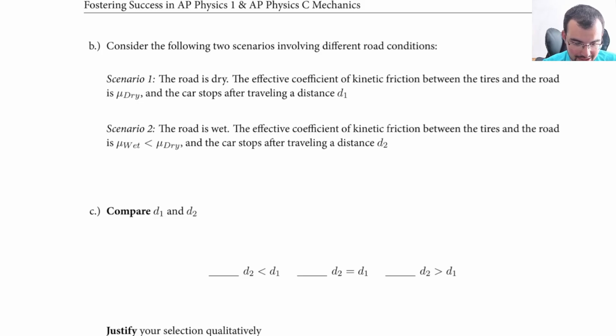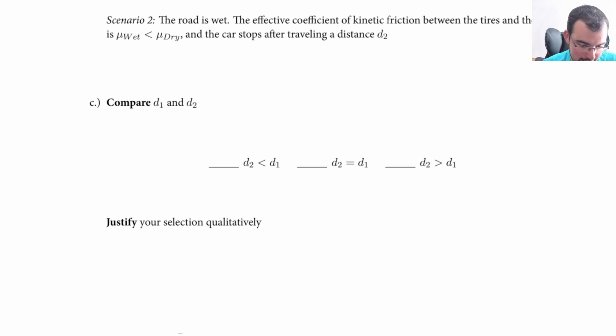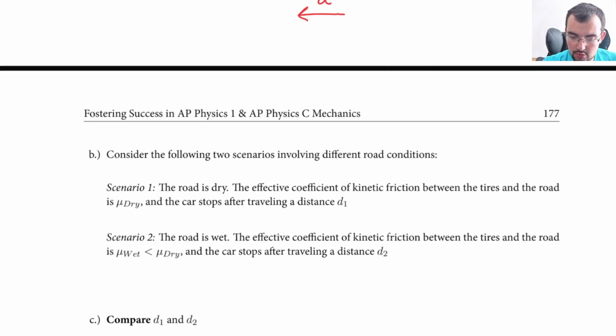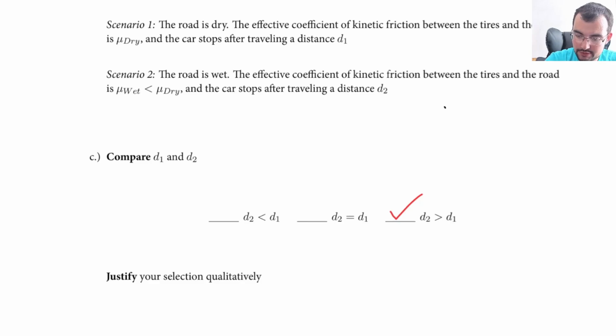We should compare the distances it takes the car to stop. Now, anyone who's in driver's ed knows the answer to this. It takes more distance to stop on wet or icy road. So why is that? Well, we know that our force of kinetic friction is going to be mu k times normal force. So in each of these cases, it's the same car, so we have the same normal force.